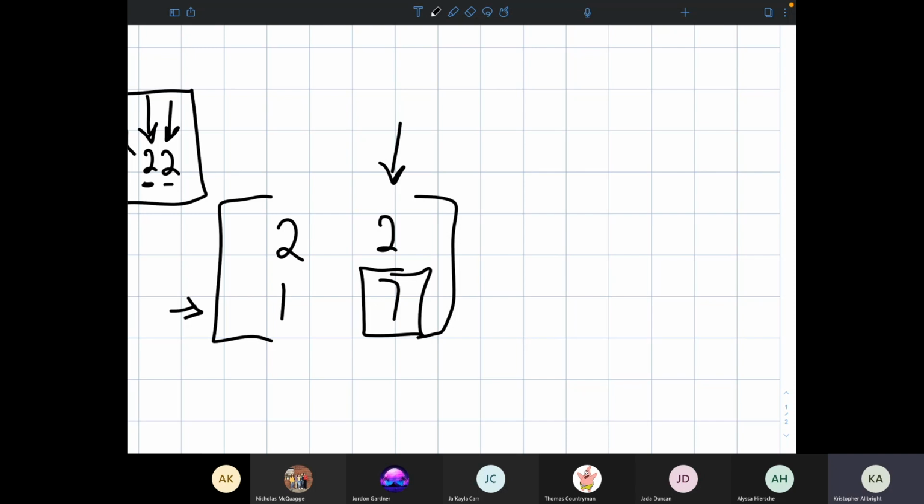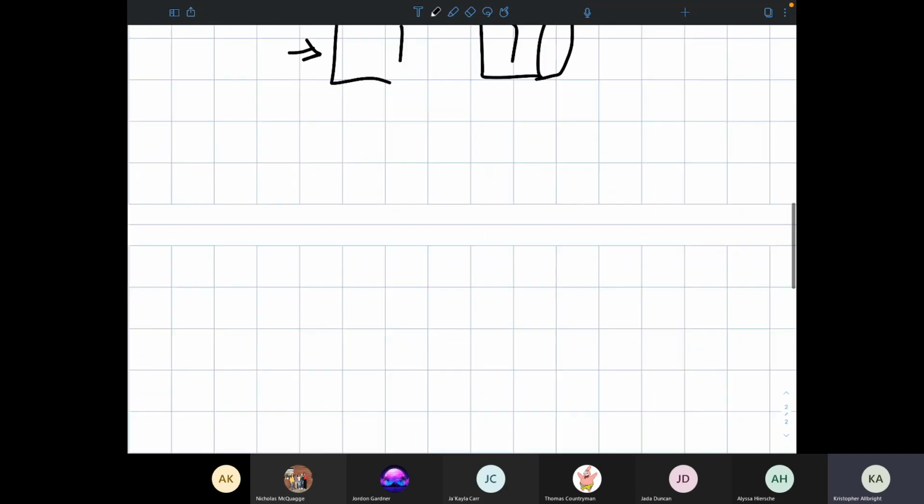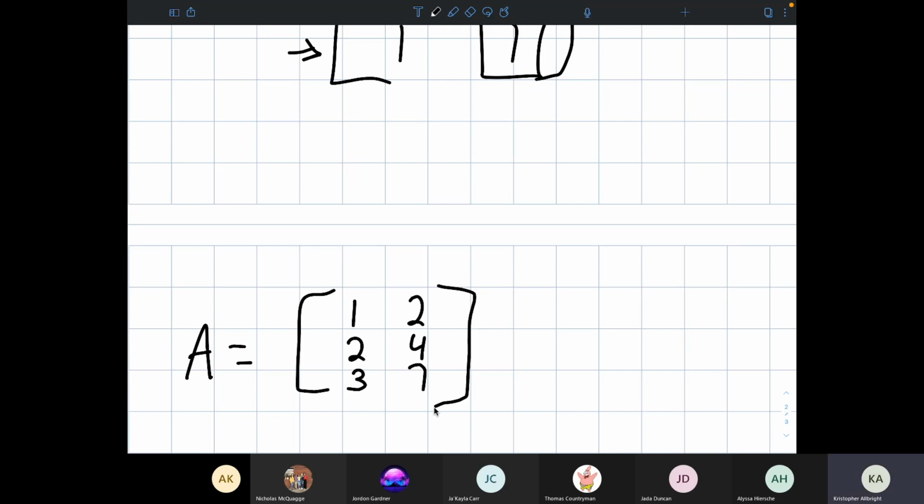A lot of times, if A equals this, then the order of the matrix is written like this: A, 3 rows, 2 columns.